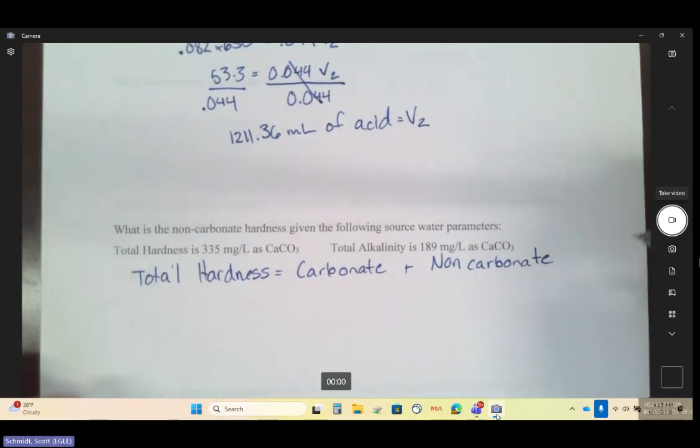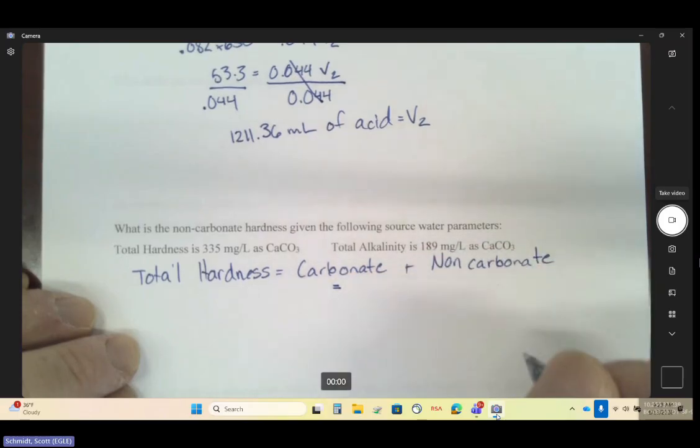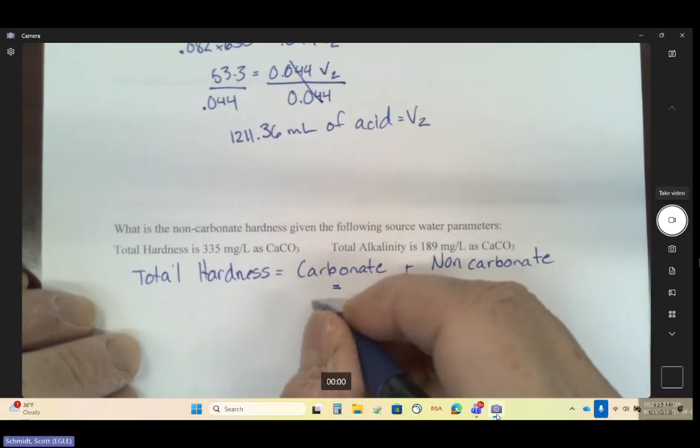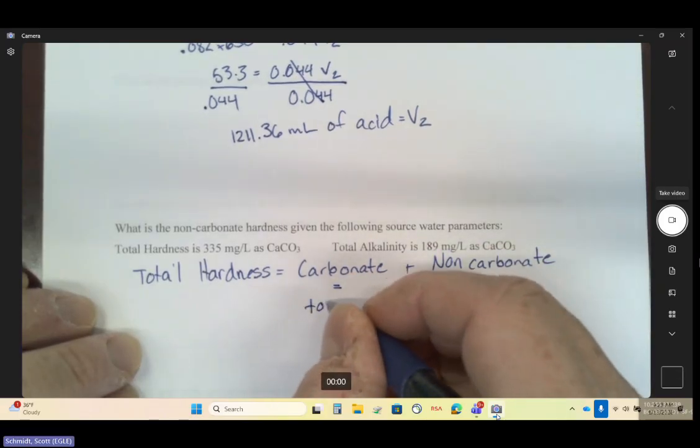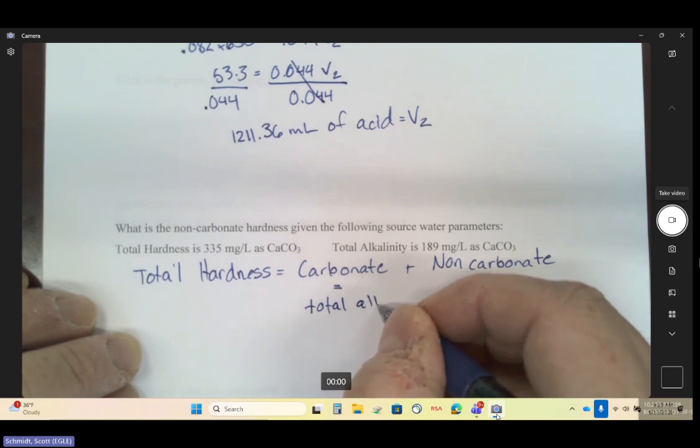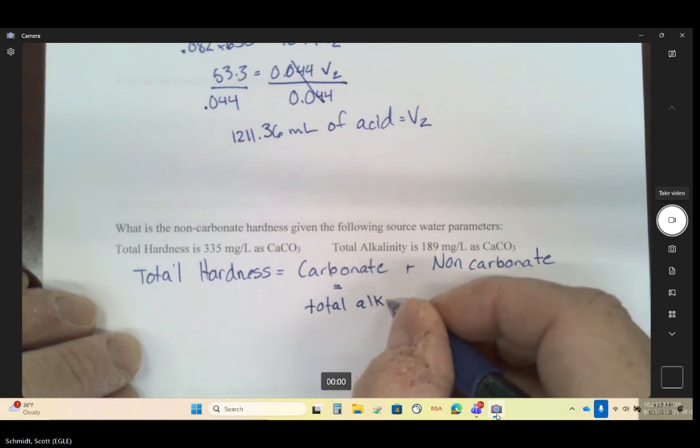So you have your carbonate hardness plus your non-carbonate hardness. Well, this says alkalinity. Well, I want to tell you a little secret. Carbonate hardness and alkalinity are almost always equal to one another. There are some conditions where that's not true, but almost always. So this is usually equal to your total alkalinity.